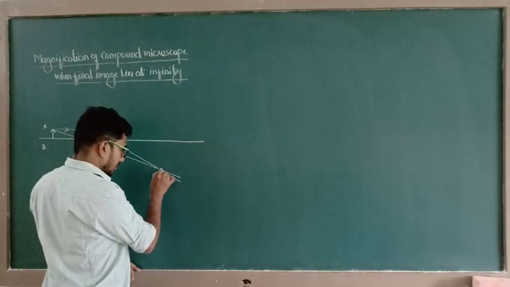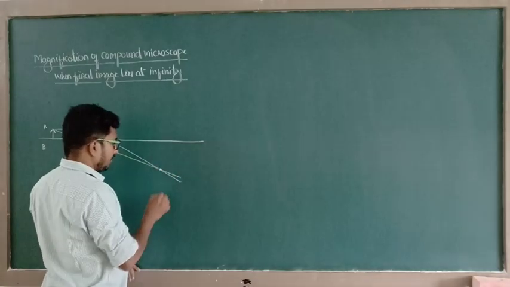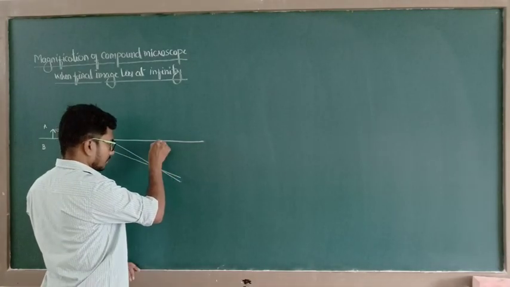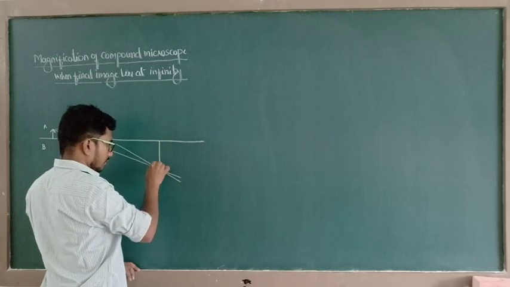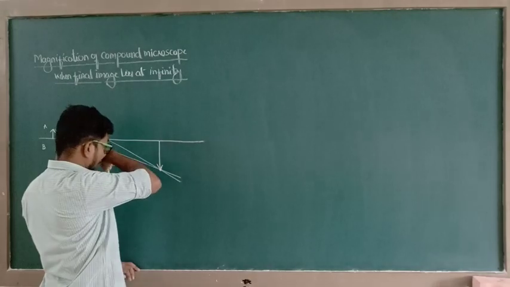So this pointer represents the position of the image with respect to the objective lens.